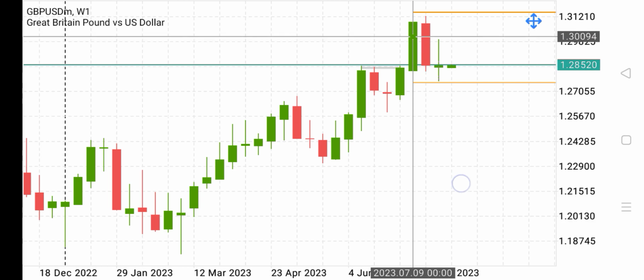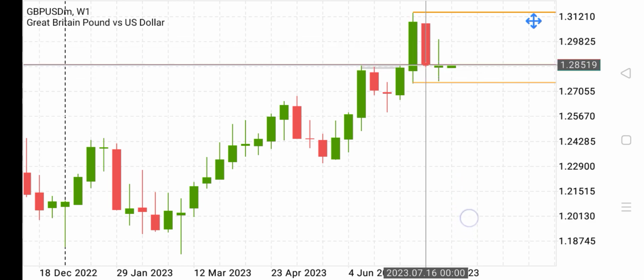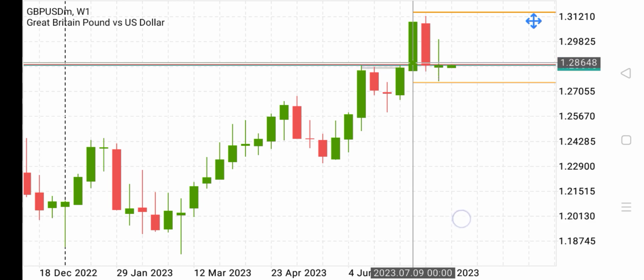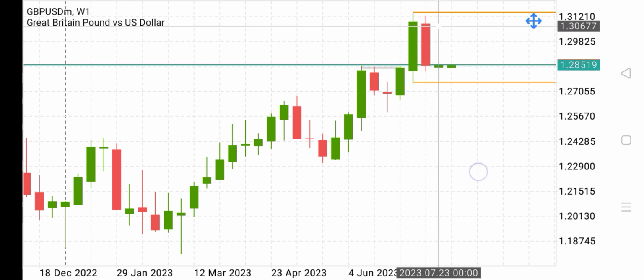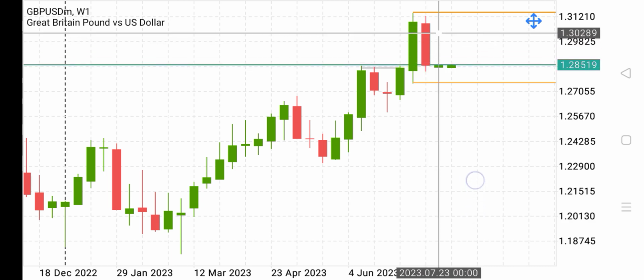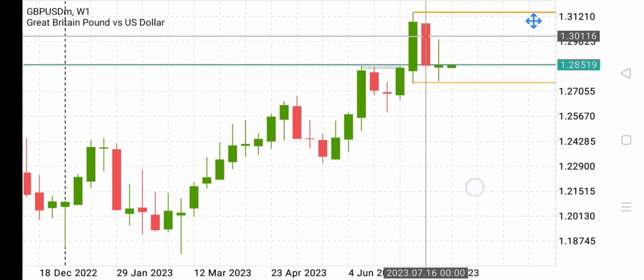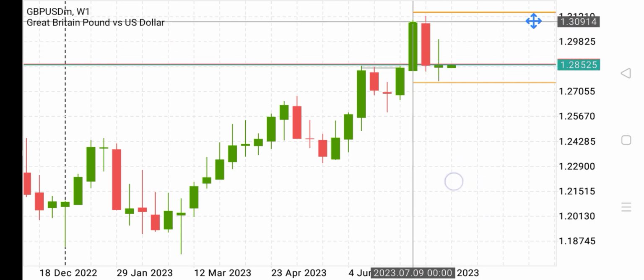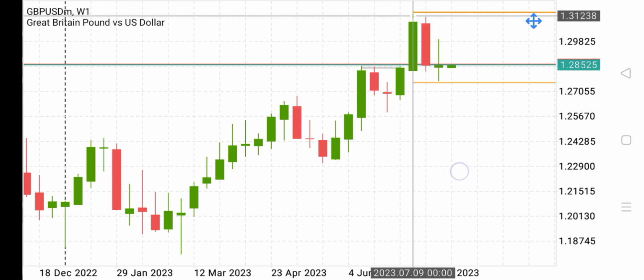Now we can see a very long green, a very long green bullish candle. And after the formation of this long green bullish candle, we had a formation of a very sweet and interesting bearish candle. Now what has formed in between this area?